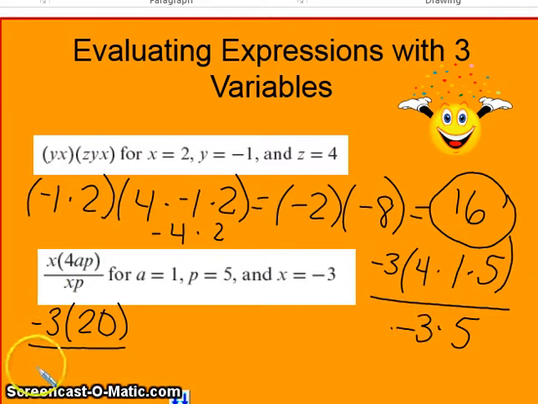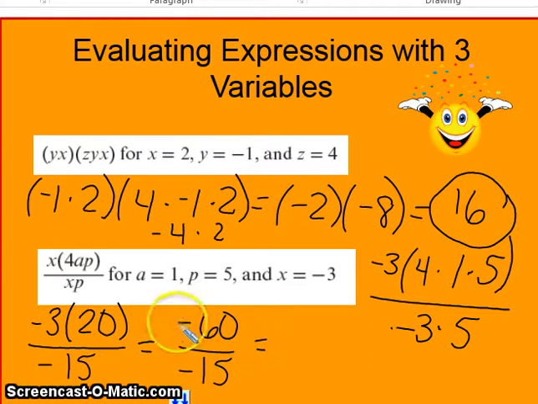Negative times a positive gives me a negative, and 3 times 5 is 15. Now negative 3 times 20 gives me negative 60, and I'm dividing that by negative 15. And finally, a negative divided by a negative is a positive, and 60 divided by 15 is 4. So our solution to this expression is 4.